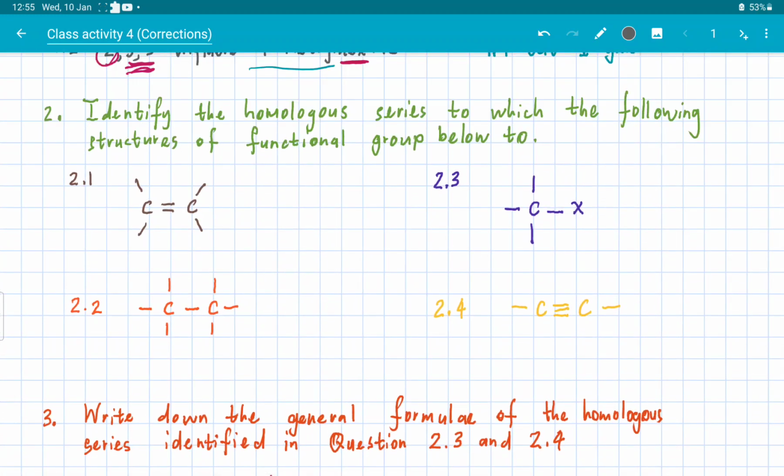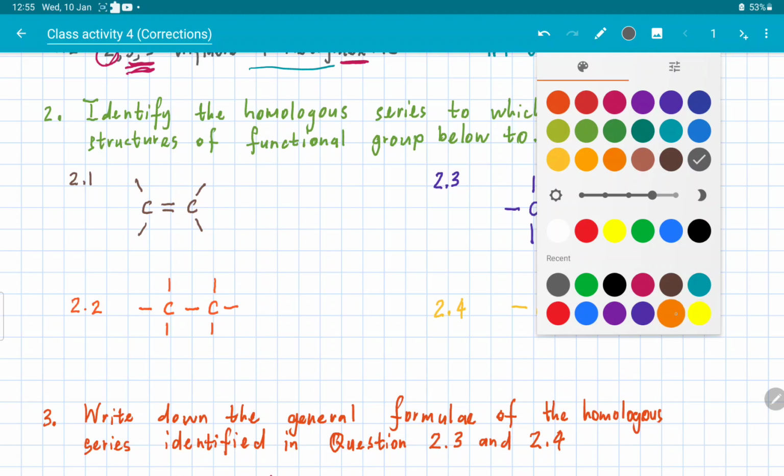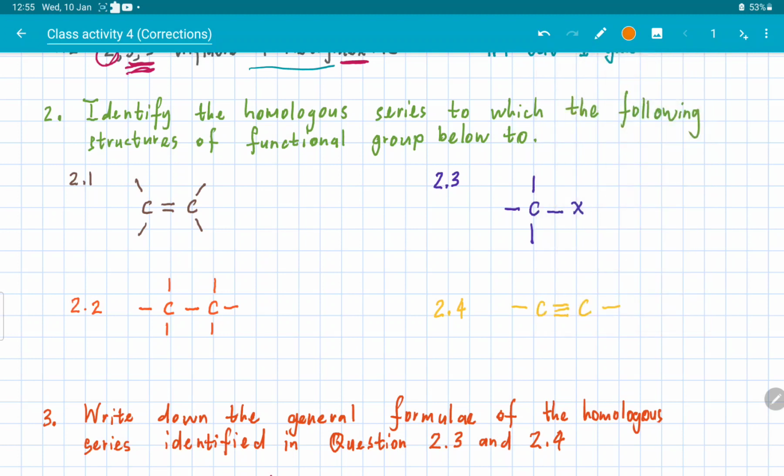So next, question 2: identify the homologous series to which the following structures of functional groups belong. So let's start with 2.1. If you look at it, it is obvious that it has a double bond between 2 carbon atoms. That is an alkene. Let me emphasize, these are structures of functional groups, people. They are not organic molecules.